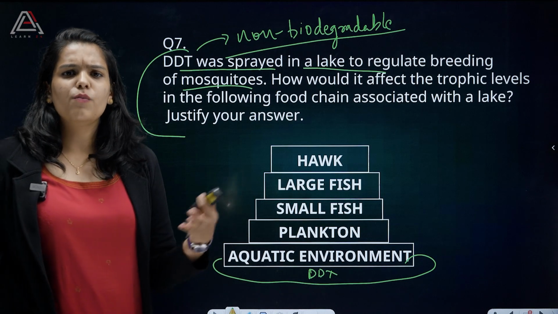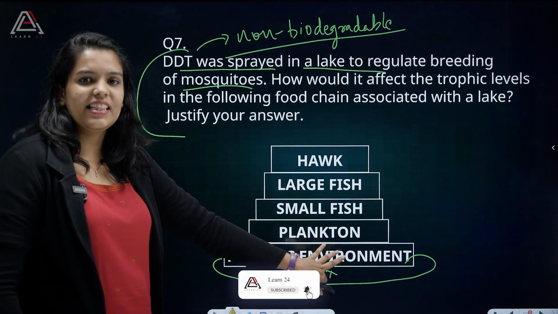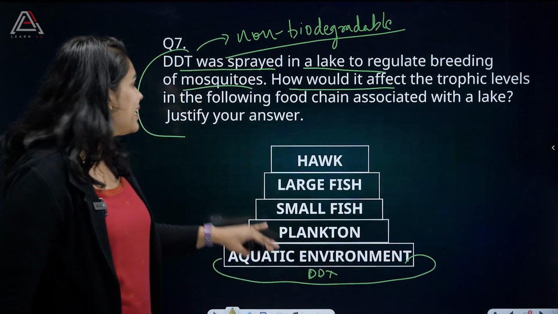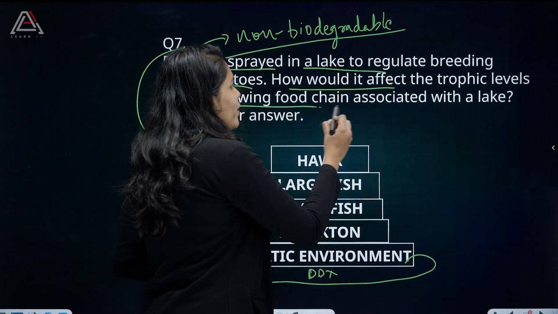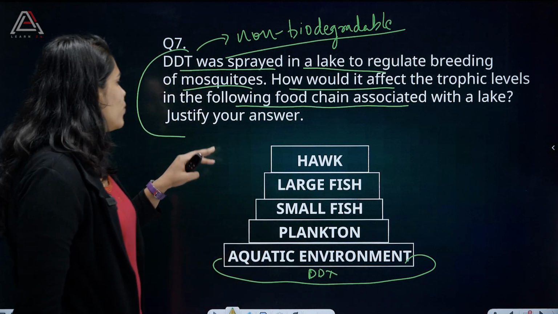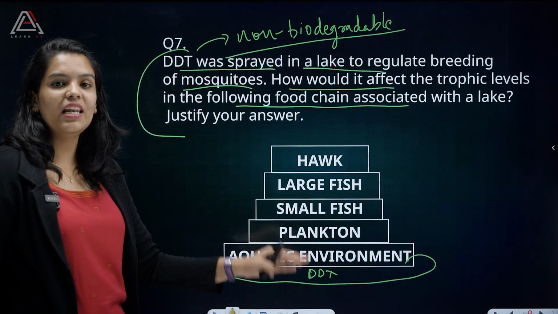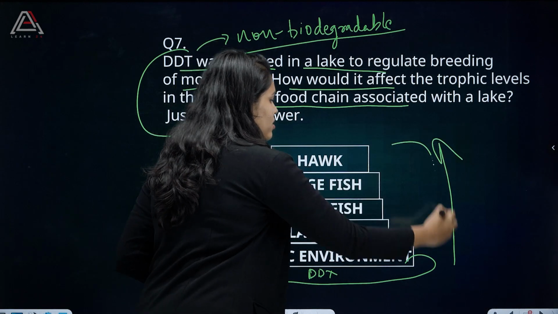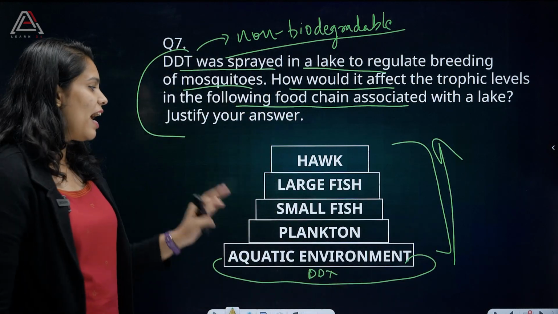How would it affect the trophic levels in the following food chain associated with a lake? So how will the DDT affect each and every one of these trophic levels? That is the question.